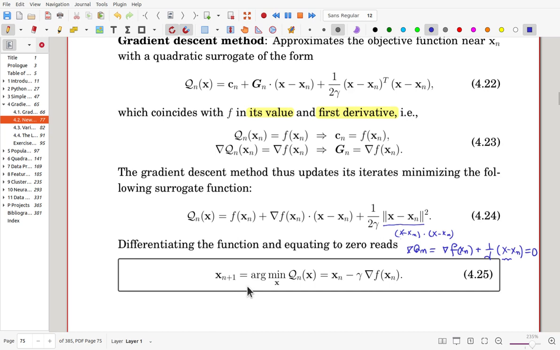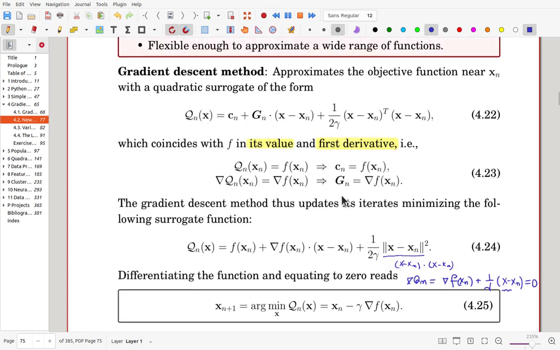That's the idea of using surrogate approximation. And along with different forms of surrogate function, you can derive some other algorithms. But for gradient descent method, the quadratic term is just the simplest one, and the only requirement is the same value and gradient.